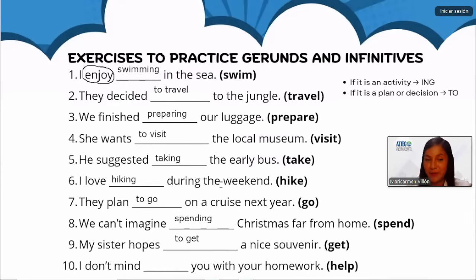Ajá, a ver, vamos viendo. I don't mind. Esta don't mind es una expresión así como que no me molesta. Con tu deber. Ahí está el verbo help, ayudar. Ese don't mind. Entonces, I don't mind helping or I don't mind to help you with your homework.